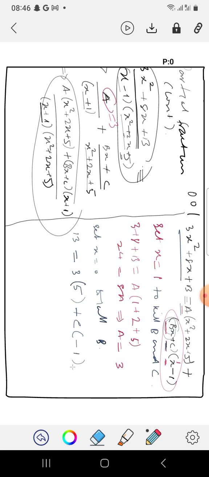So this implies that we have 13 equals 15 minus c, which implies that minus c is going to give us minus 2, which implies that your c is in fact 2. We have found our c to be 2.